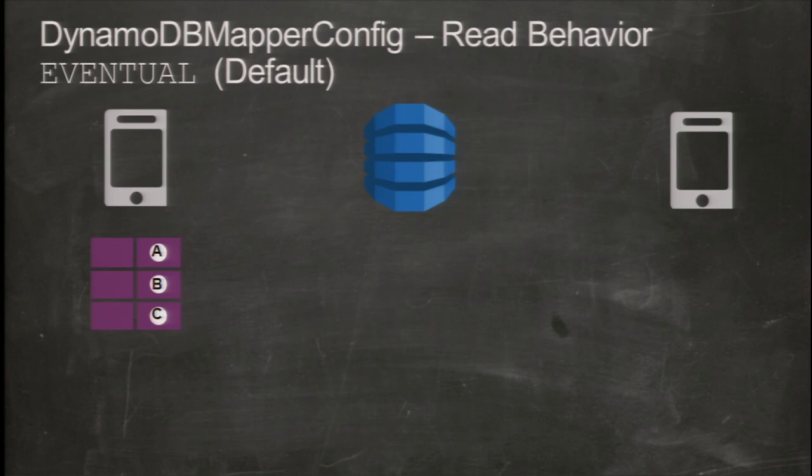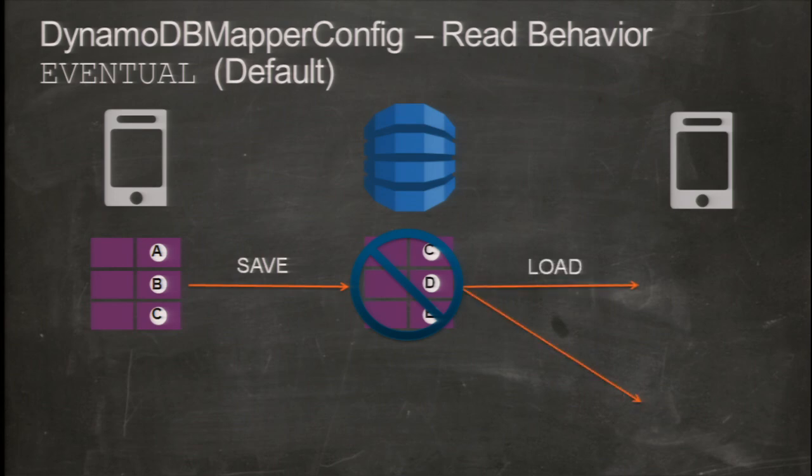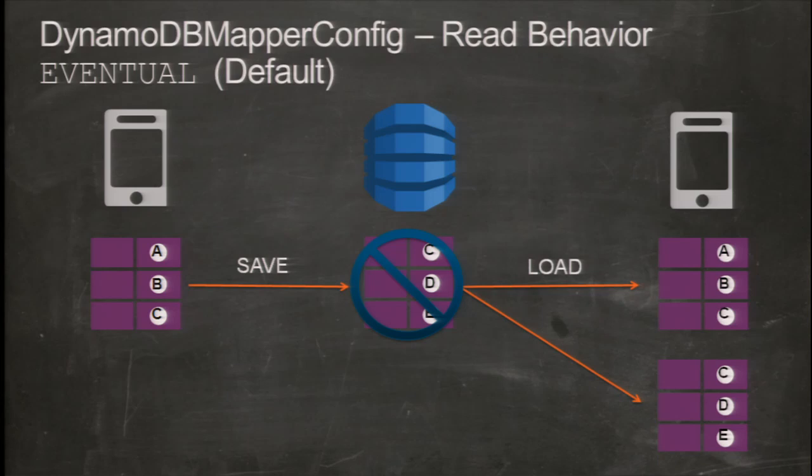DynamoDB is no different. So in a case where you have A, B, and C, and we save and clobber an existing record, and then we immediately try to read that back out, there's a potential that we could get either the old data or the new data. As its name suggests, eventually we will always get the saved value.